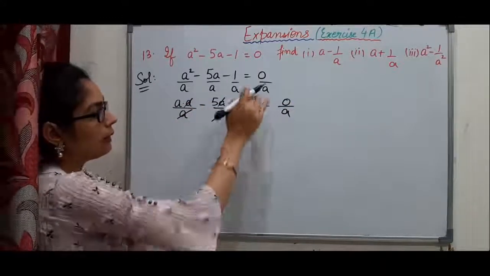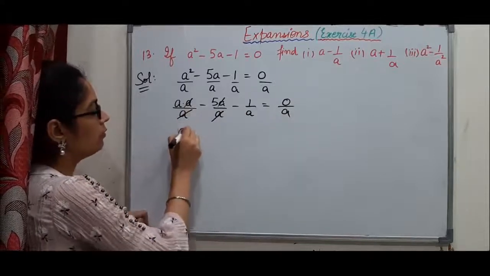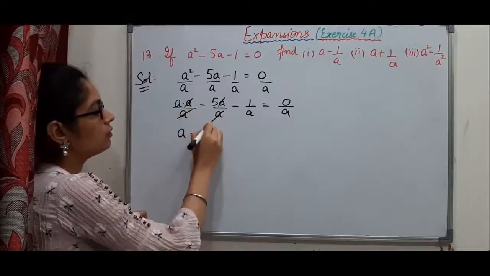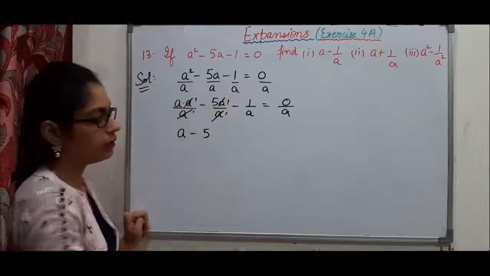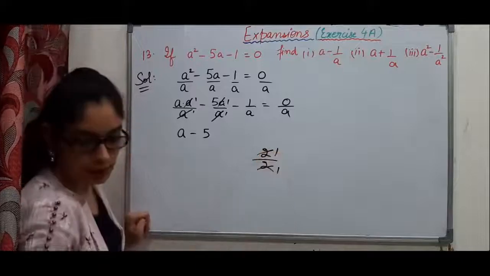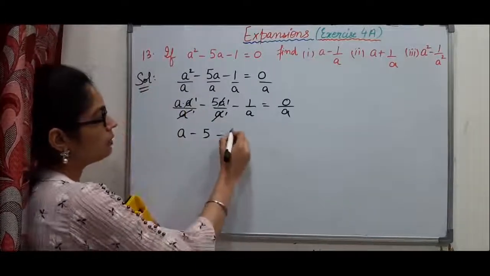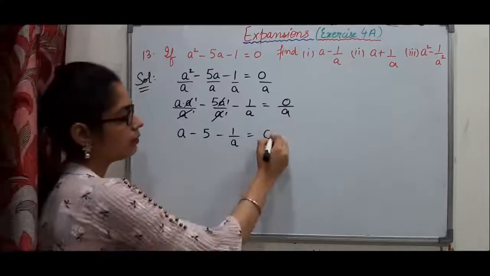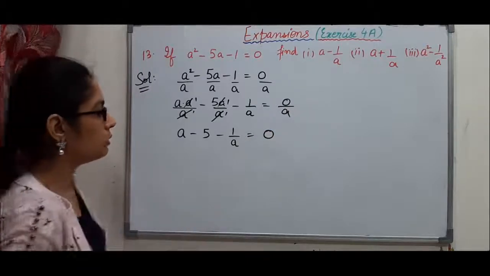So we are only left with a, because a into 1 is a, minus 5 into 1, like on general numbers we do 2 by 2, so 2 into 1, 2 into 1, same way we have done cancellation. Minus 1 by a equals 0 by a, which is 0.